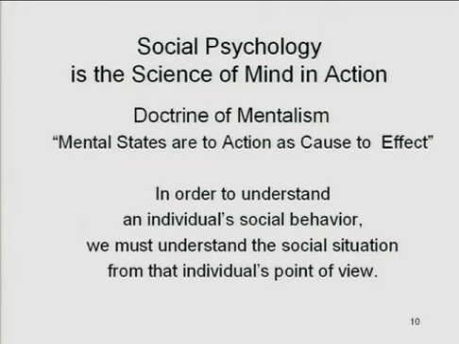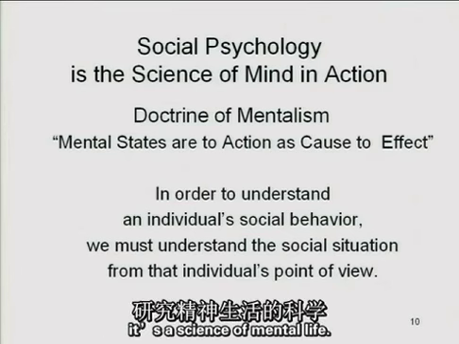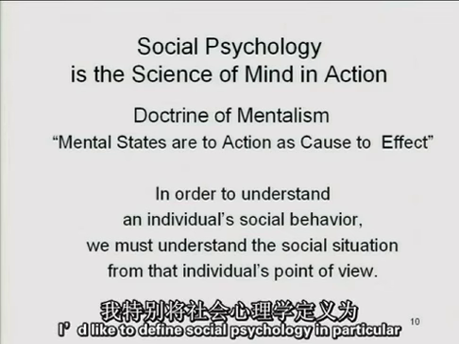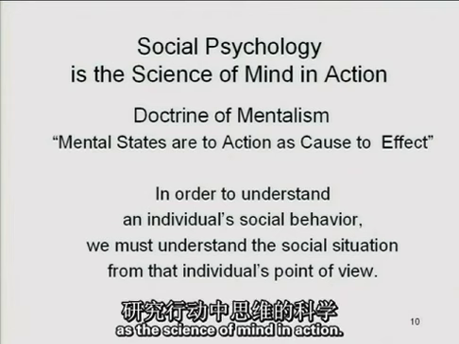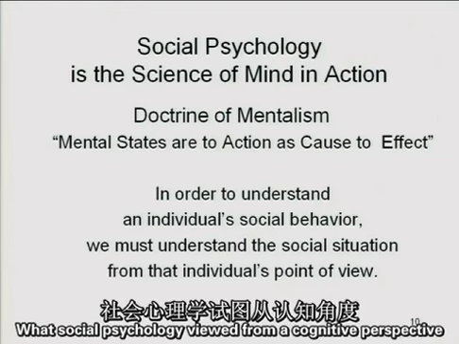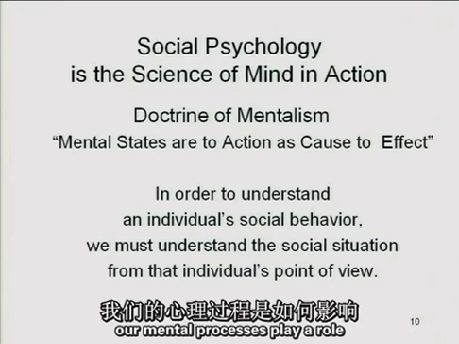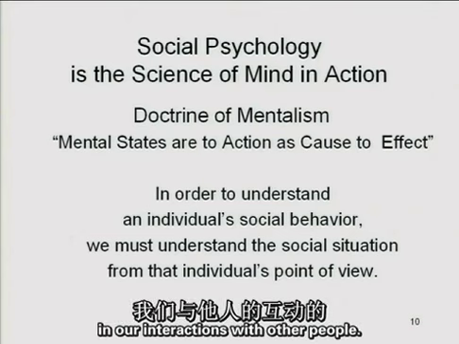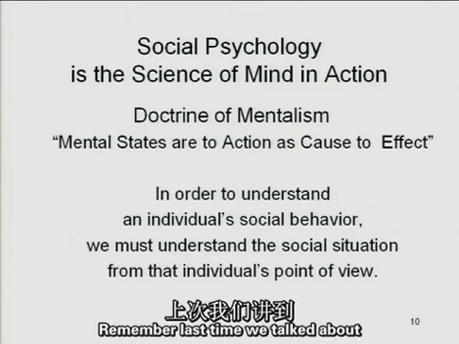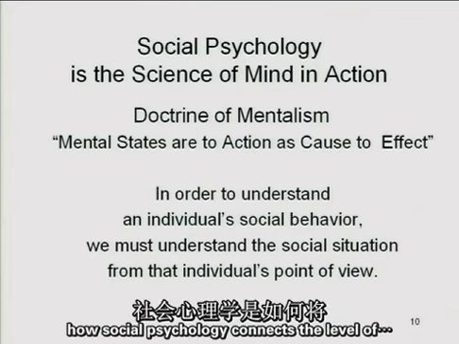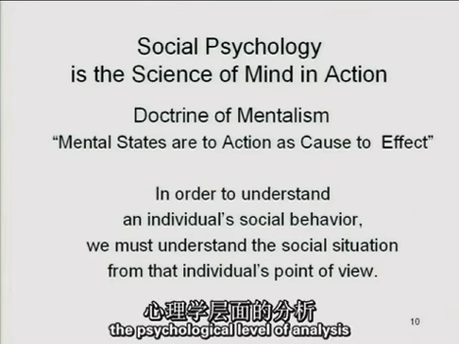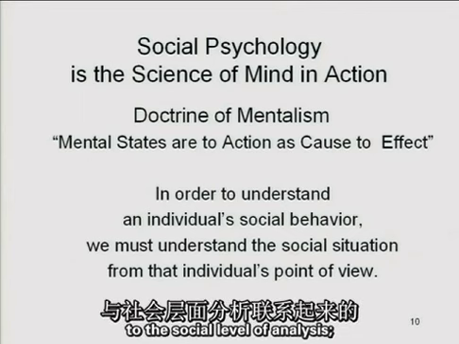Psychology has been defined since roughly the time of William James as the science of mental life. I like to define social psychology in particular as the science of mind in action. What social psychology, viewed from a cognitive perspective, tries to do is to understand how our mental states, our mental processes, play a role in our interactions with other people. Remember last time we talked about how social psychology connects the psychological level of analysis to the social level of analysis.